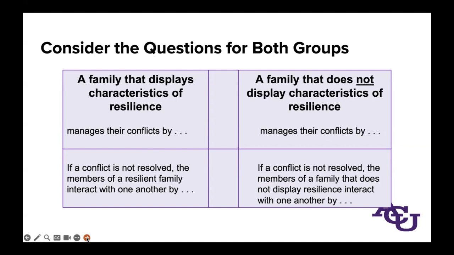And the family that does not display these characteristics, their behaviors are going to echo the fact that they do not have these characteristics of resilience. Finally, how do the behaviors impact the other members of the family and either perpetuate the resilience or the lack of resilience? These are just some things that you can think about in the midst of those larger questions to help you figure out how to create a picture of what's going on and analyze what's going on in both circumstances.